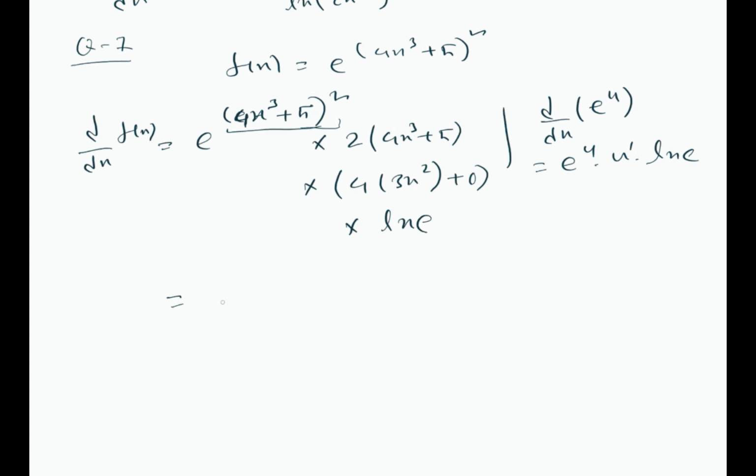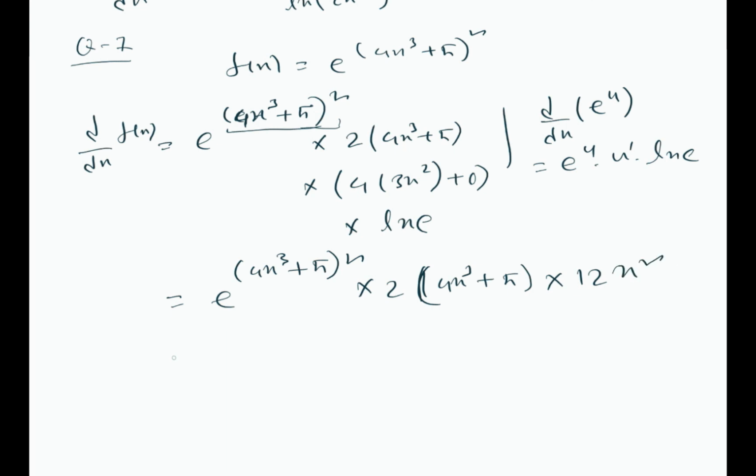So the final answer would be e to the power (4x cubed plus 5) all to the power 2 times 2 times (4x cubed plus 5), and the derivative of the inner function: 4 times 3 is 12x squared.